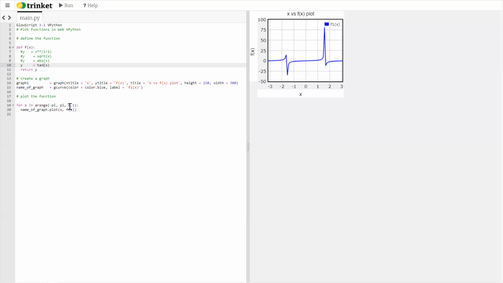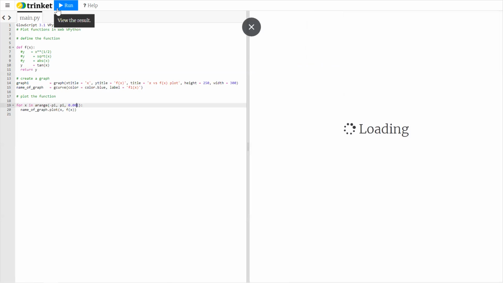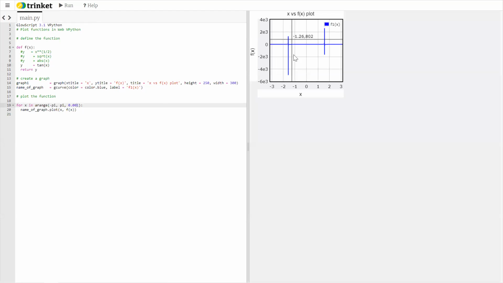But if you change the time step or the step size and make it smaller, you can see that you have larger y values at negative pi over 2 and positive pi over 2. Okay.